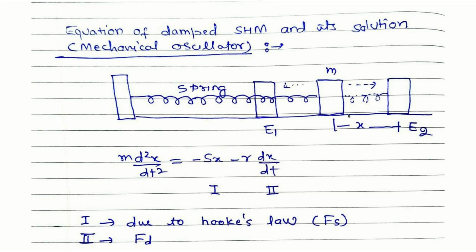We know that when the mass is displaced with some force to the extreme position E2 and we leave it, it will oscillate through the mean position and reach the second extreme position, and from there it again passes through the mean position and reaches the extreme position. In this way the oscillator oscillates between extreme positions and the mean position.